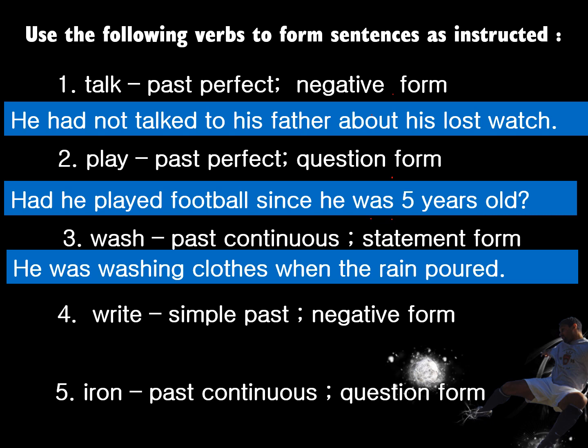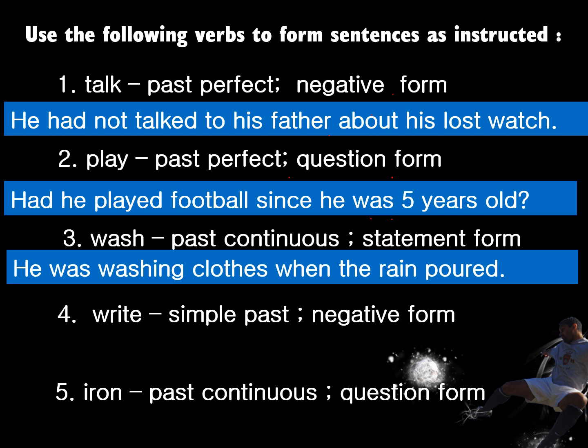Fourth statement, you're asked to write simple past, this time in a negative form. Remember what a simple past is? Simple past is formed when the verb is regular: we add d or ed to the regular verb.